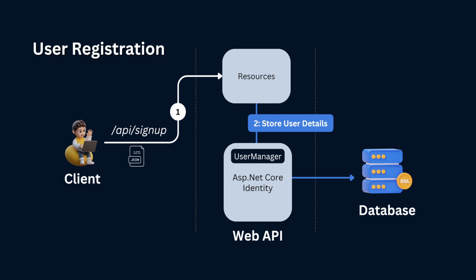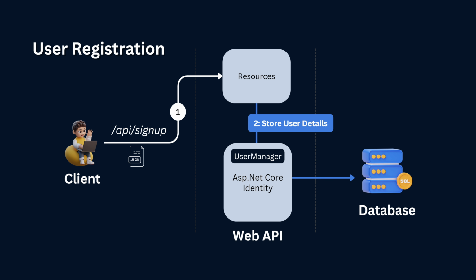So from the client side, we have made a post request into this URL. Along with the user details, we also pass user credentials like email and password. And the respective Web API method handles the request by saving the user details along with the credentials into the SQL Server DB with the help of ASP.NET Core Identity's UserManager.